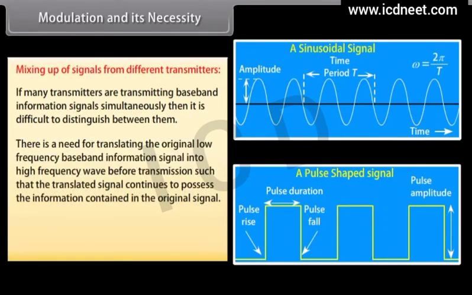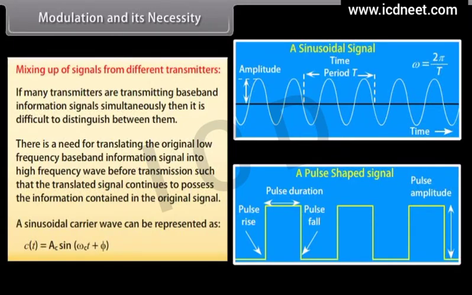There is a need for translating the original low-frequency baseband information signal into a high-frequency wave before transmission, such that the translated signal continues to possess the information contained in the original signal. A sinusoidal carrier wave can be represented as c(t) = A_c sin(ω_c t + φ).